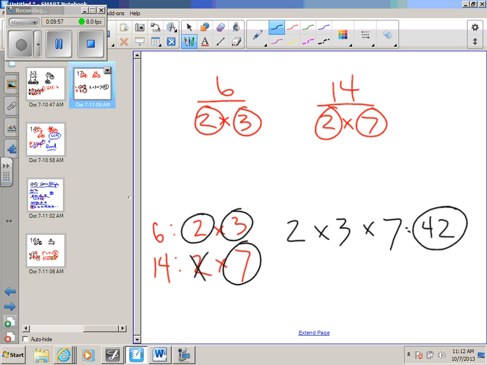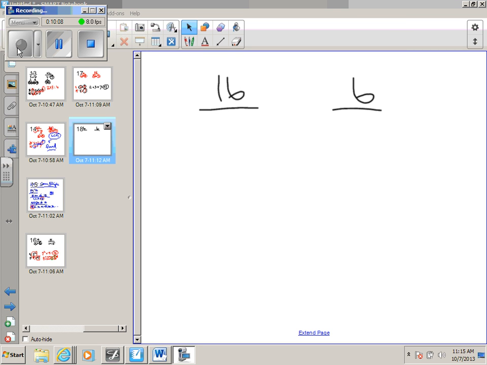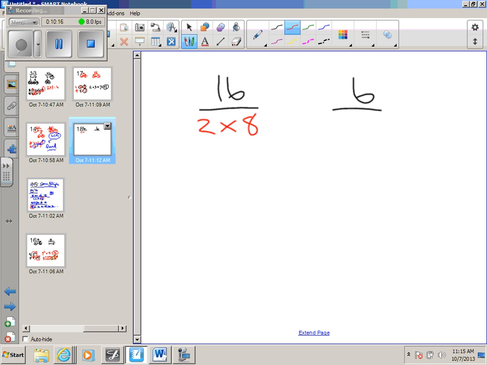Okay? So let's try, you try one. 16 and 6. Told you this is a little bit of a complicated process if you're not understanding what's really going on. So let's do the factor trees together. And for 16, we get 2 times 8. 8 is our, okay.